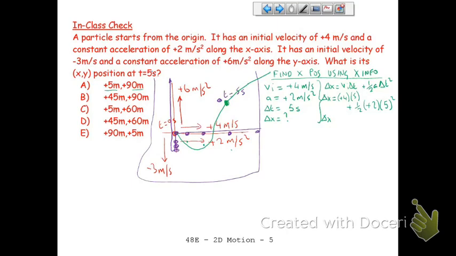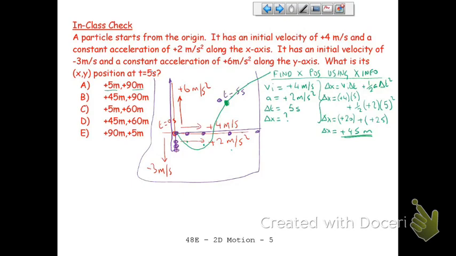So delta x is equal to plus 20 added to plus 25. I think I'm right on that. Delta x is equal to plus 45 meters. That's my first bit. It's just a one-dimensional problem. So I had to be able to pick the dimension from all the information.